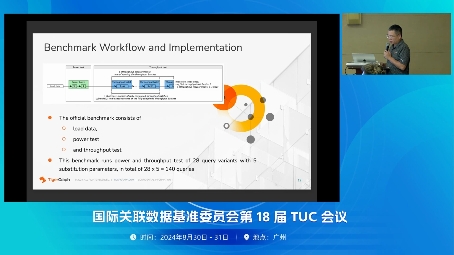First, you do a power batch run, which interleaves the write and the read, but sequentially runs those queries. And then after the power test, we run a throughput test. In this particular case, we don't run the throughput batch concurrently. We still sequentially run them.